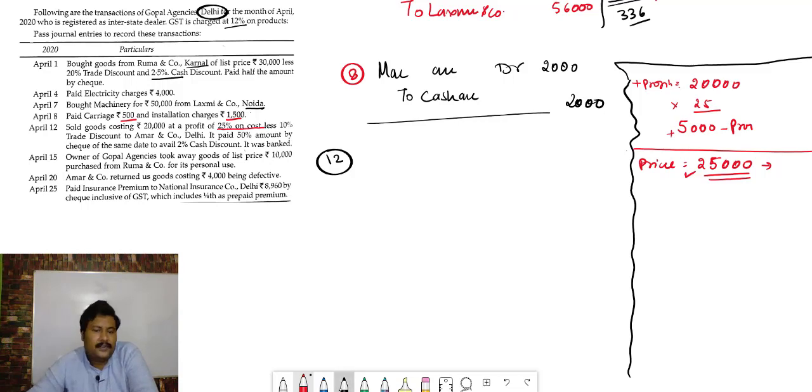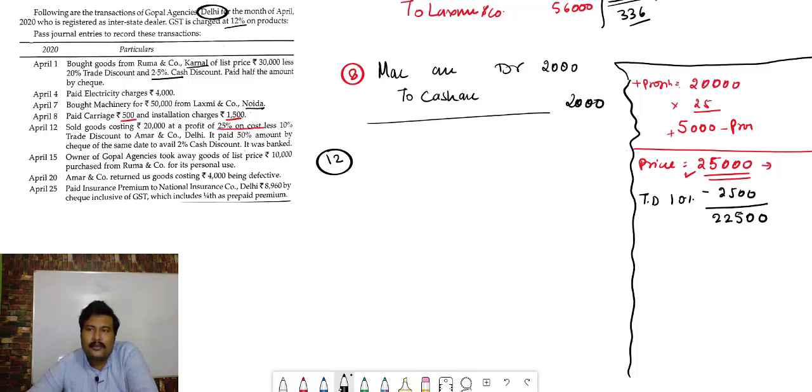Now, as we know, first we have to deduct the trade discount. The trade discount is how much, bacha? 10%. So 25,000, 10%, 2,500. And it will be 25,000 minus 2,500 is equal to 22,500.